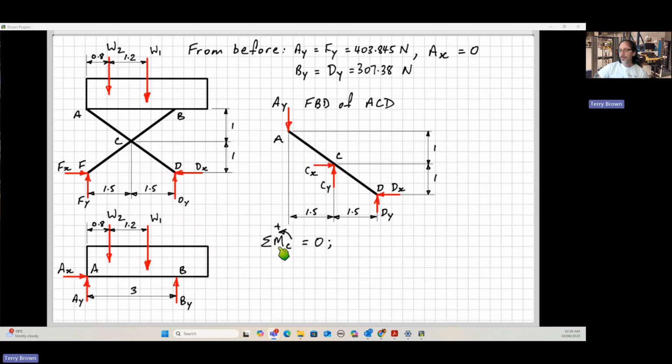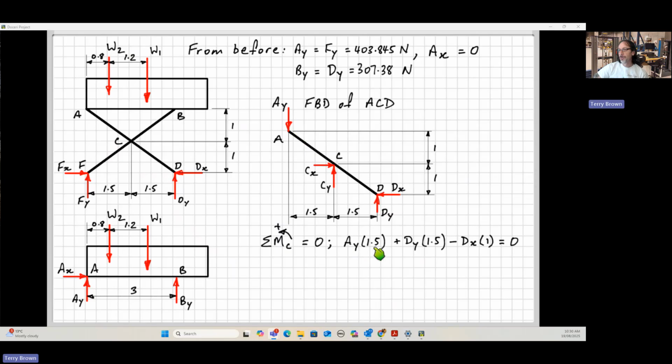we can start to use our equations of equilibrium again. All right, so taking moments about point C, because dx is what we ultimately want to know. We already found dy before, but for the textbook problem, dx is what we want to know. So we can take moments about C, and I've shown the full equation there, so let's work through it.